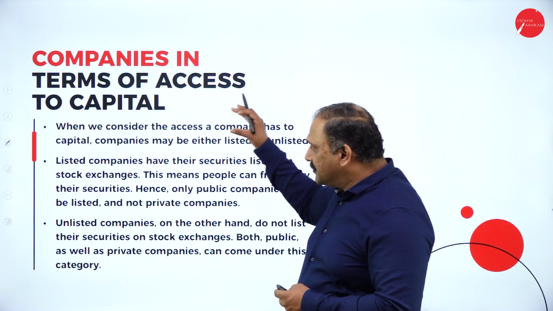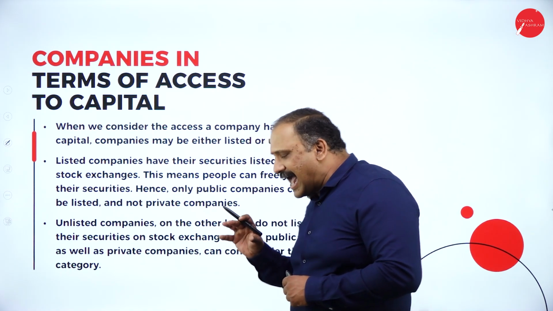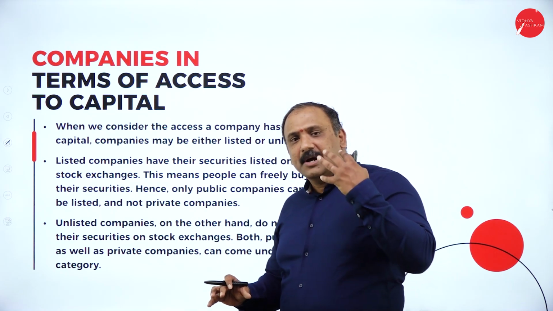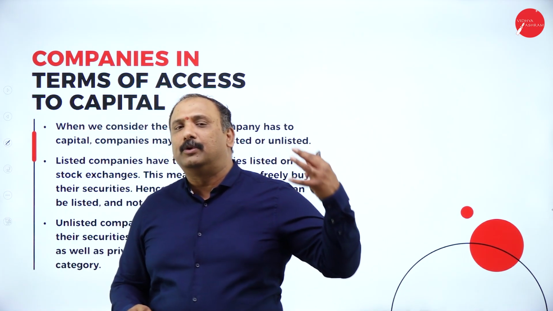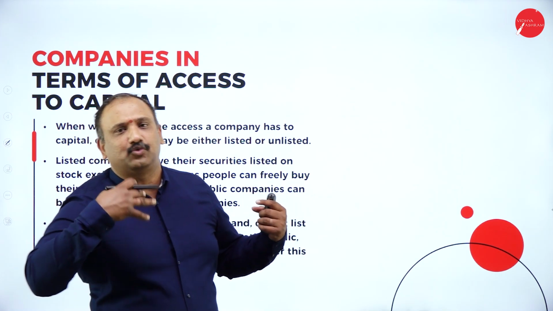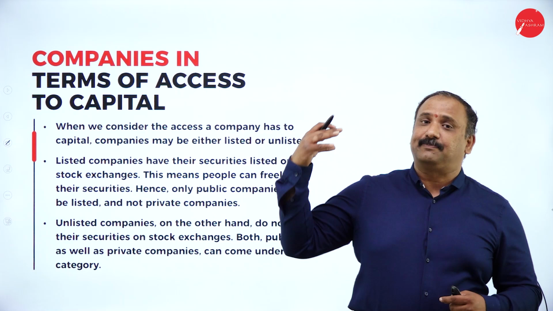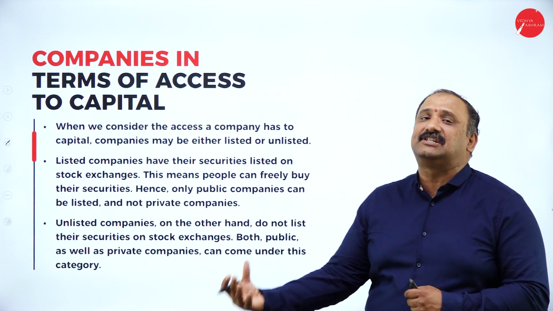Now, in terms of the access to the capital, that's what we are talking about. The access to the capital is very important for a company. Why? Because the more access the company has to capital, the more the company would be able to take up new projects, ventures, and start moving further. So when a company gets publicly listed, that means the company will have a better access to the market.